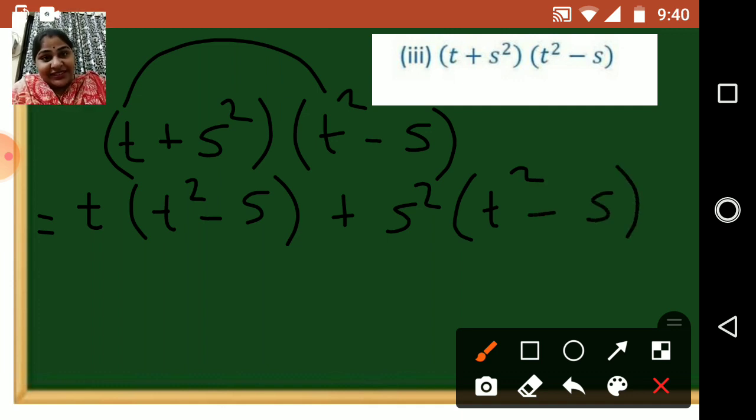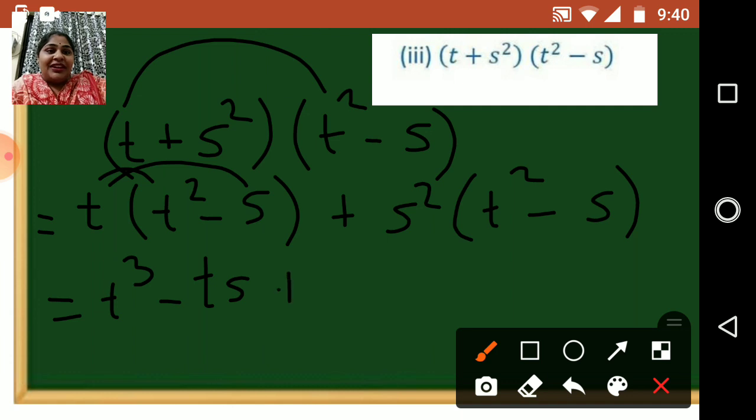This is how you write the second step. We have already studied this. Now t multiplied by t square is t cube. T multiplied by s, but it is negative s, so negative ts, again plus s square t square will be s square t square, children, and again negative here it is, if you see.